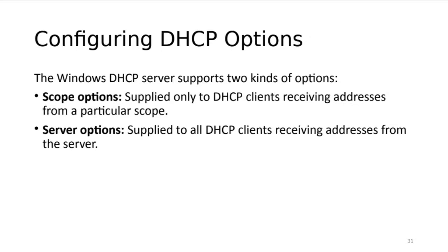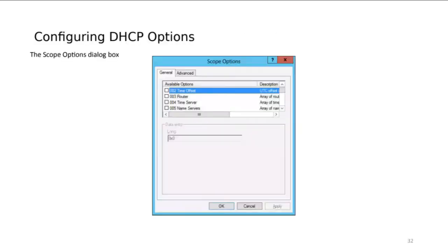So the scope option is from the scope, and the server option is from the server. To configure DHCP options, you open the scope options dialog box.